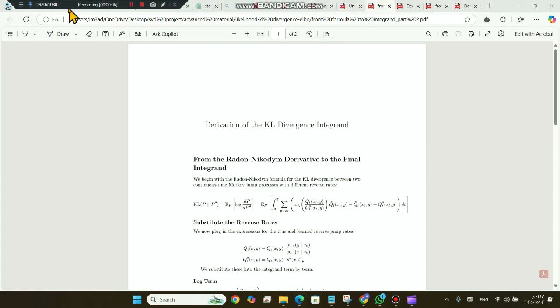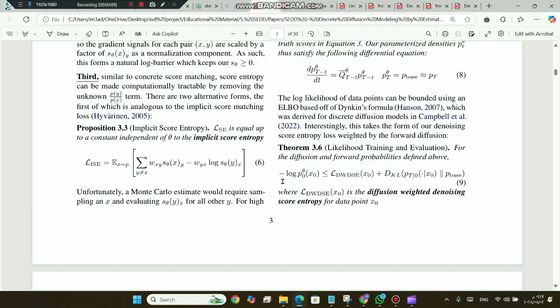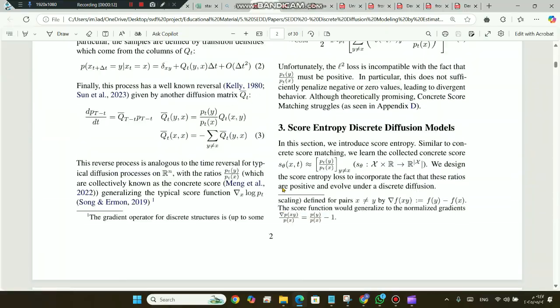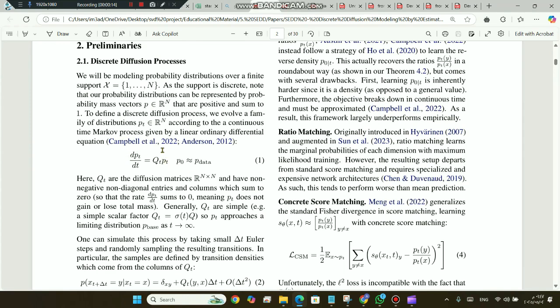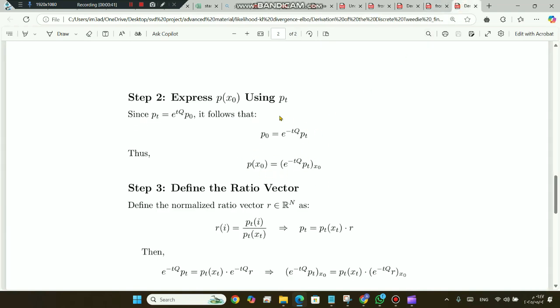Now, let me remind you of this equation over here. This represents the rate of change in the diffusion process, in the forward diffusion. It says that dpt over dt will equal qt times pt. The solution for this differential equation, if you try to solve it, is this.